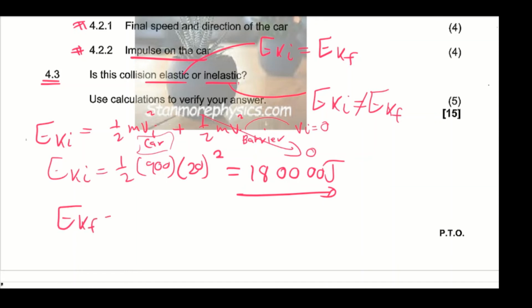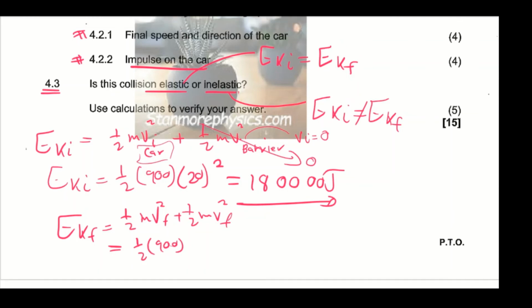And now we want the final kinetic energy, EK final, which equals 1 over 2 mv squared final plus 1 over 2 mv squared final. We start with the car, so it's 1 over 2, the mass of the car is 900. The velocity of the car we calculated in the previous question 4.2.1, the final velocity of the car, and we found it to be 0.16 meters per second.